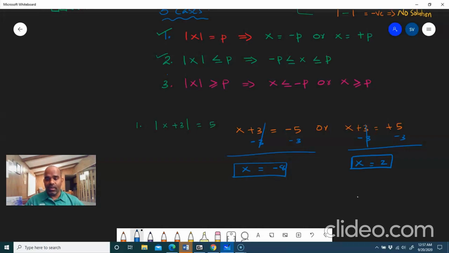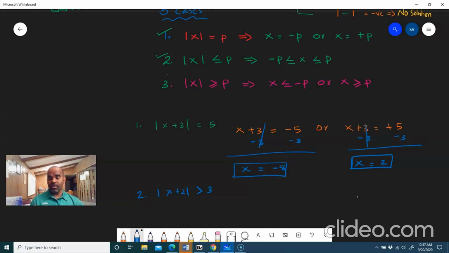And for the second one, I'm going to write another problem: absolute value of x plus 2 is greater than 3. So you should have the basic idea of what an absolute value means. Absolute value always represents the distance from 0.